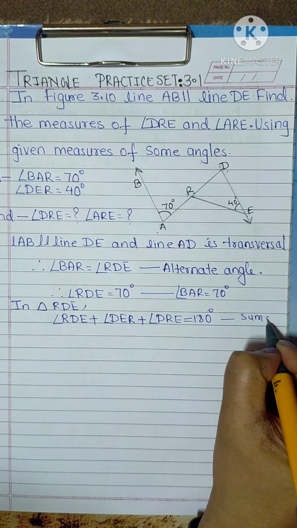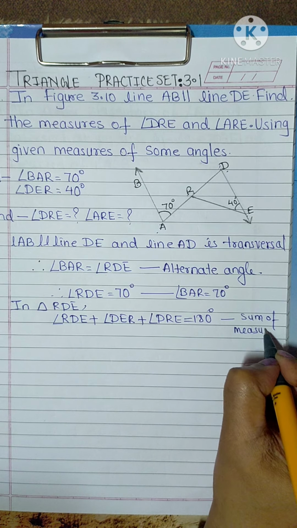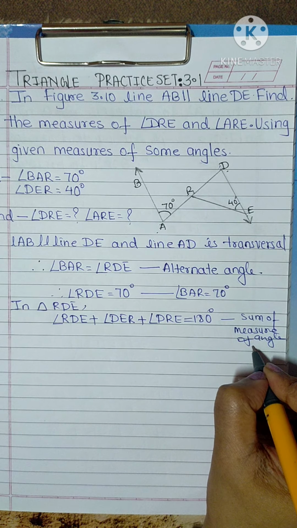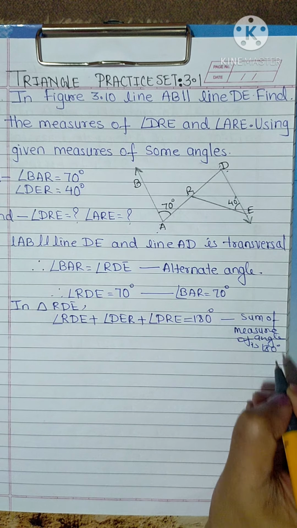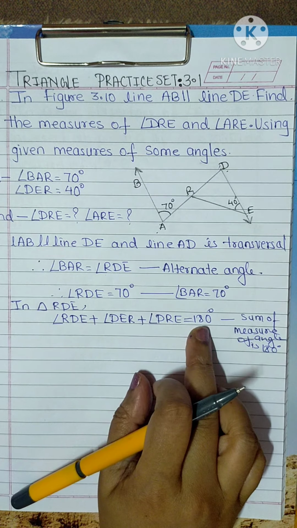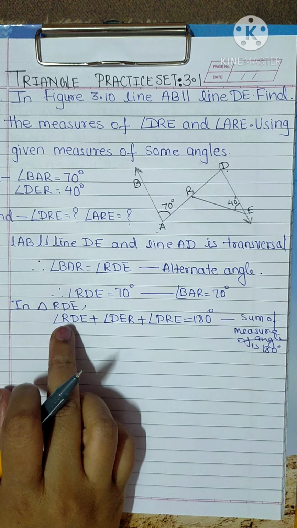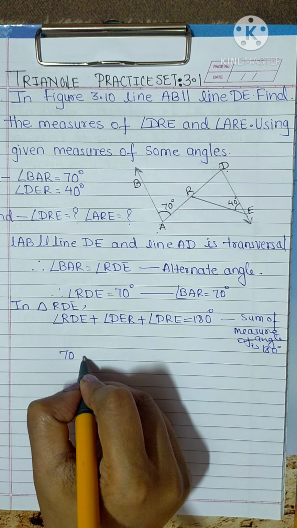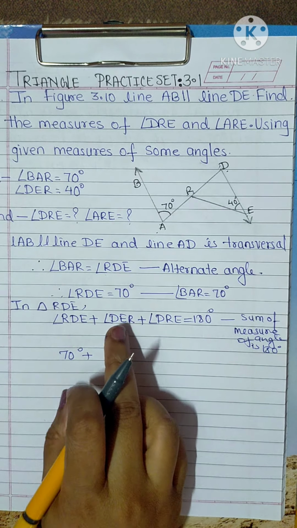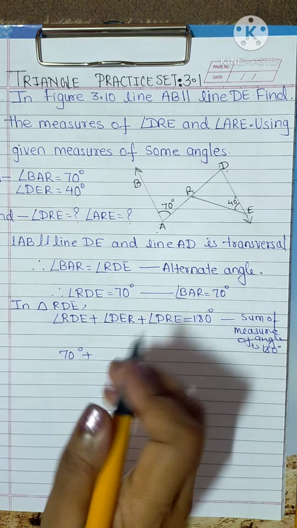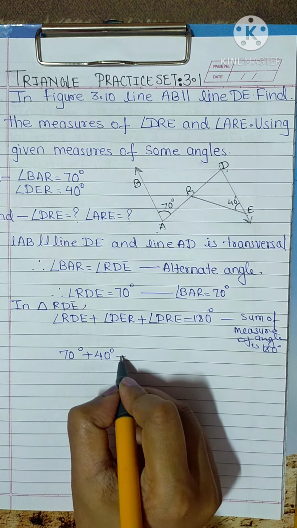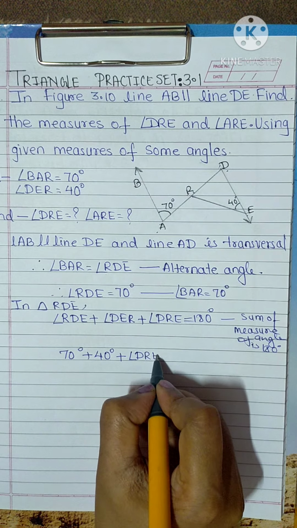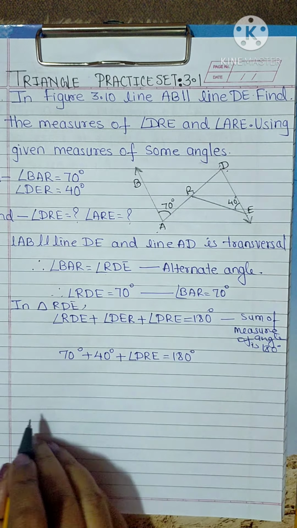Because the sum of the measures of the angles is 180 degrees. I hope you understood till here. Now next we will write: RDE is 70, because we have proved it, plus DER given 40 degrees, plus DRE which we have to find, equal to 180 degrees.